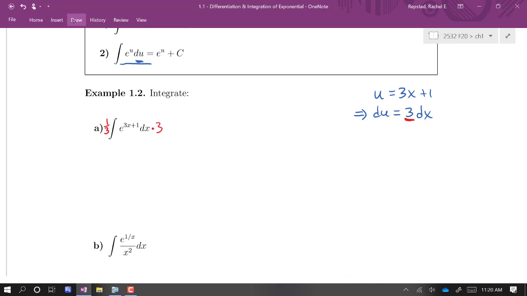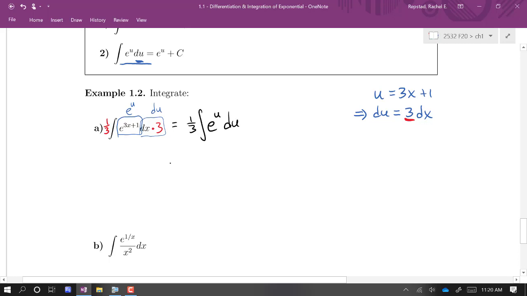Now, let's see how this shakes out. This right here, that is du, right? That's 3 times dx. This right here is e to the u. So I'm going to rewrite this integral with u's. We got 1/3 integral e to the u du.